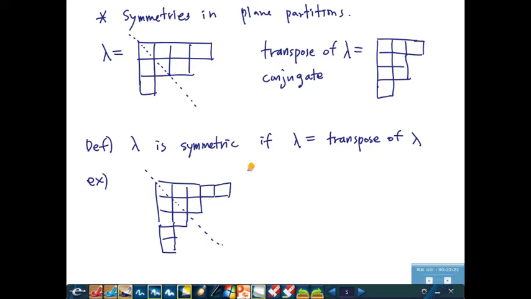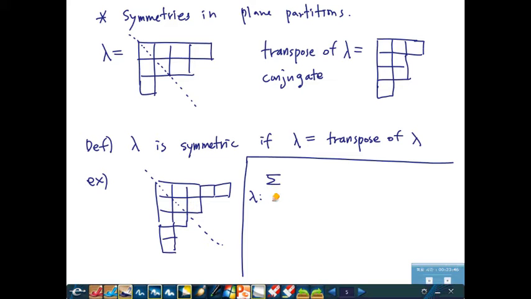Oh yeah, I'm just going to tell you the result. Actually, it's not very difficult, but maybe we will prove this later. So, the generating function for symmetric plane partitions. What does that mean? You list all symmetric plane partitions. There are infinitely many, and for each symmetric plane partition, you add q to the size of that plane partition.